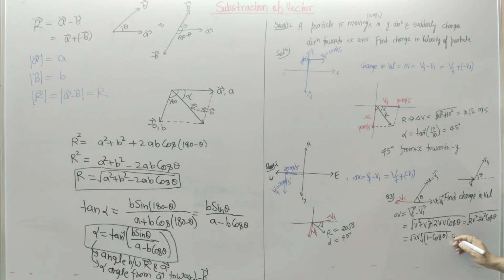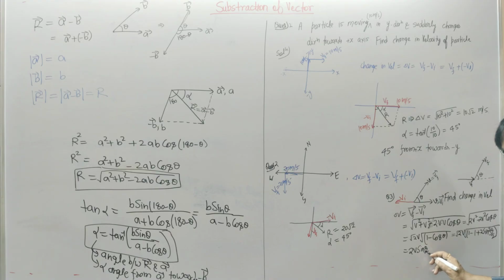We can simplify this one. 1 minus cos theta, we know, we can write as 2 sin square theta by 2 in place of cos theta. So this 1 cancels, I am getting 2, this root 2 makes it 2V, and the sin square comes out as sin theta by 2.